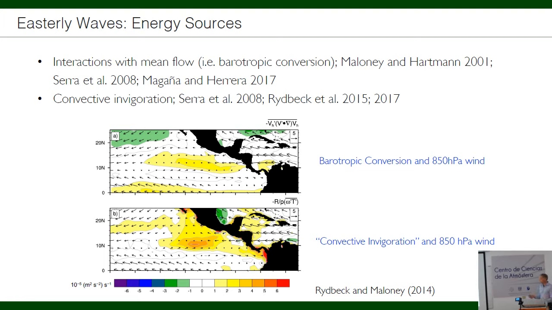That may be a little misleading, because I don't think you would have convection generating easterly wave energy if you didn't have the jet and energy extraction from the jet first. So you have to think about the feedbacks between the two. But regardless, interactions with the mean flow and convective invigoration are two really important mechanisms for getting the waves going.